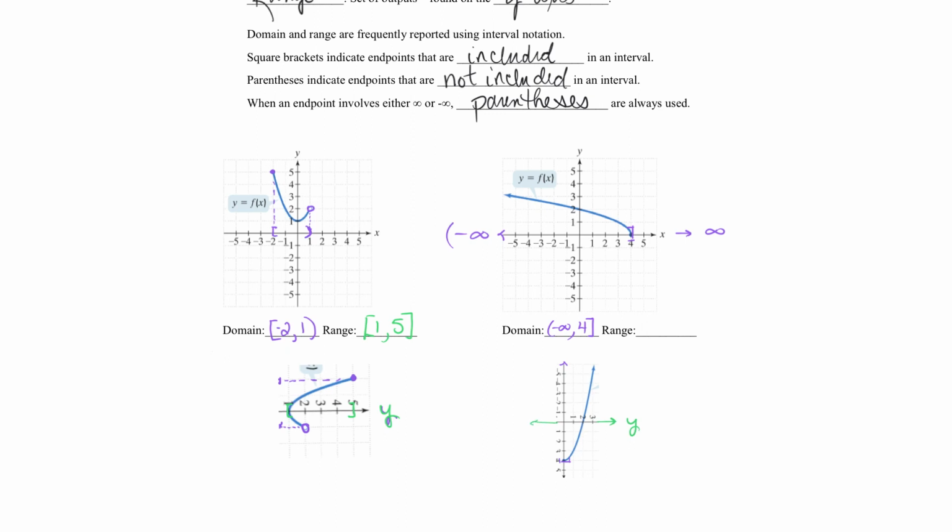And I can see that the first y value that appears as part of my set of outputs is going to be 0, right? That closed circle tells me I am going to get 0. So I'm going to put a bracket there. And then this arrow that extends this way, towards what? Towards positive infinity, right? Tells me that there is no ceiling or limit on the y values. So I'm going to put a parenthesis there, right?